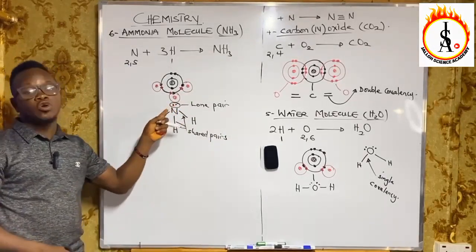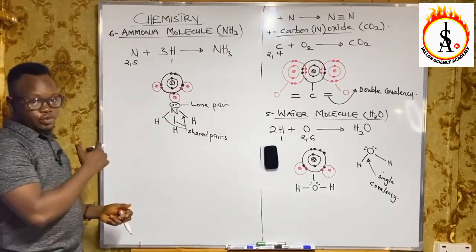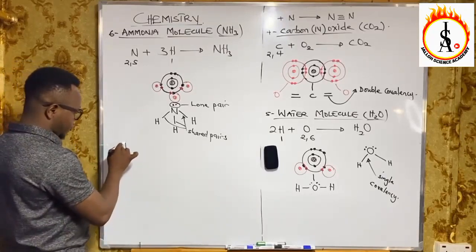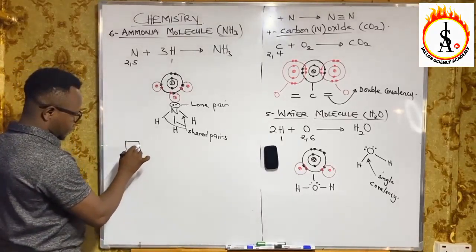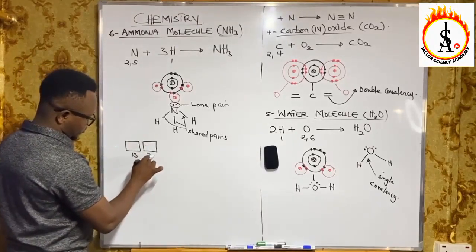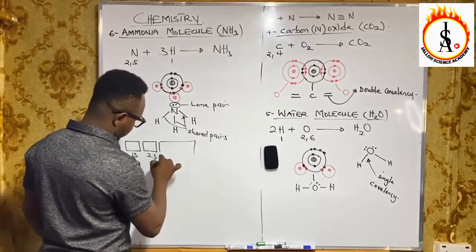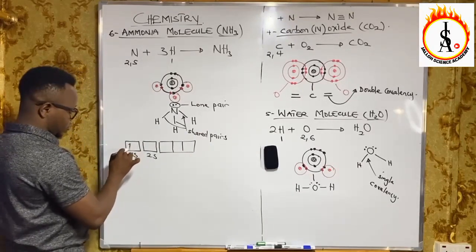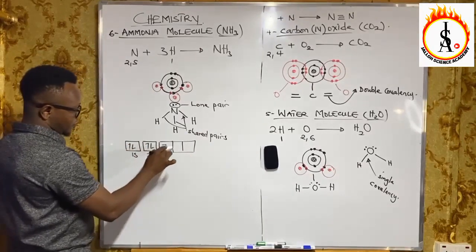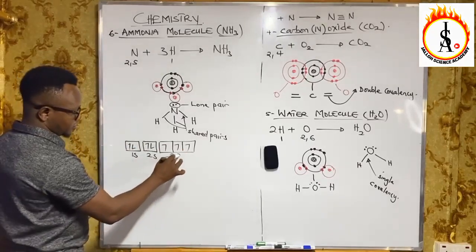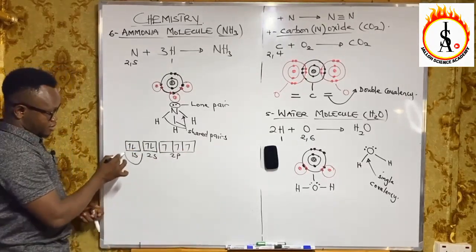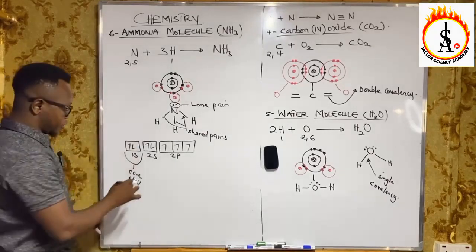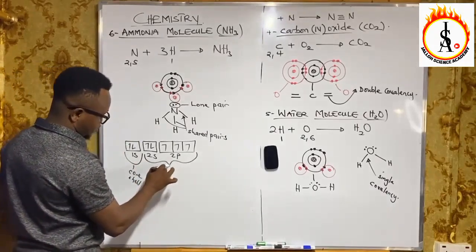And how did this lone pair come about, which we discussed under the configuration of nitrogen? If you look at nitrogen's configuration, you have 1s, you have 2s, then you have 2p, which has 3 degenerates. So 1, 2, 3, 4, 5, 6, 7. So this here is the core shell, the first 2 electrons, and these are the valency shell.